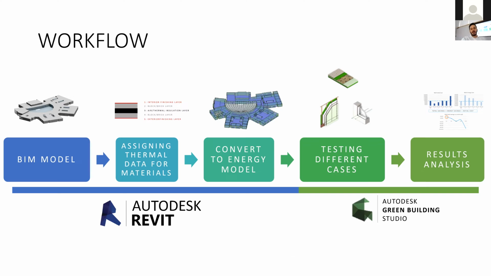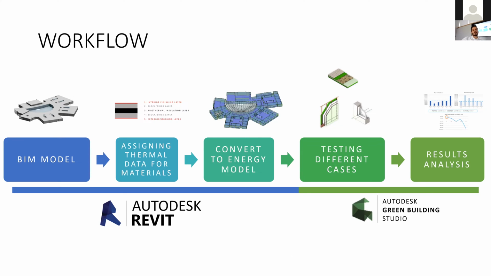So, for example, if you have furniture or interior design inside the BIM model, we don't really need a lot of that. We were more keen about the external envelope of the building. So we had to make sure that we assign the right thermal data for the materials in the model.